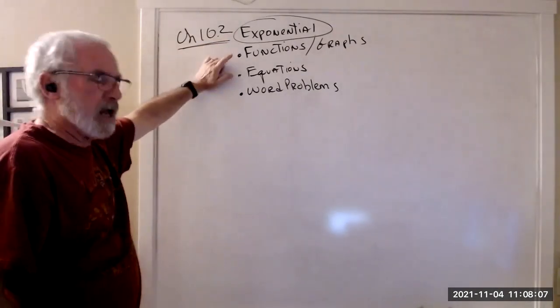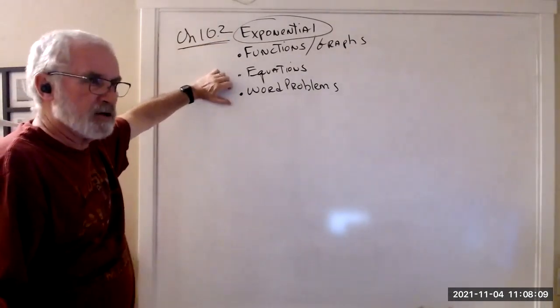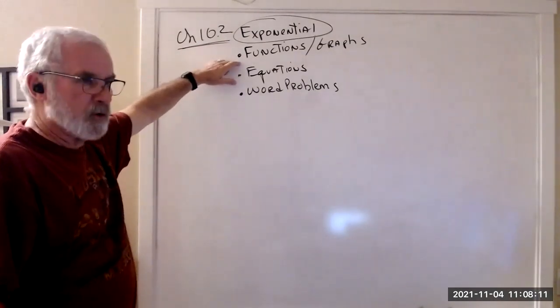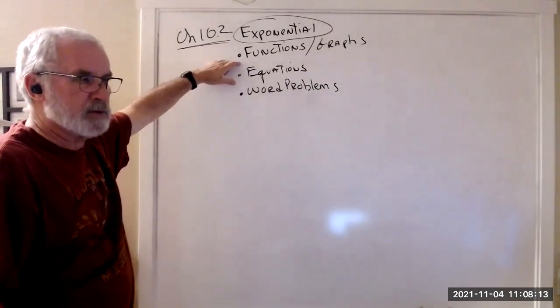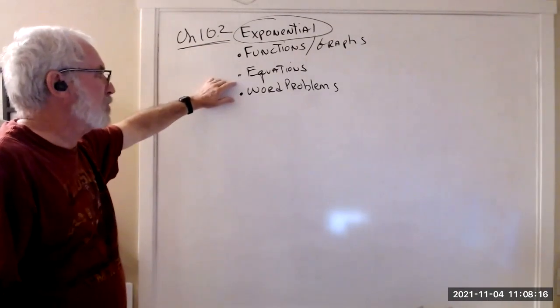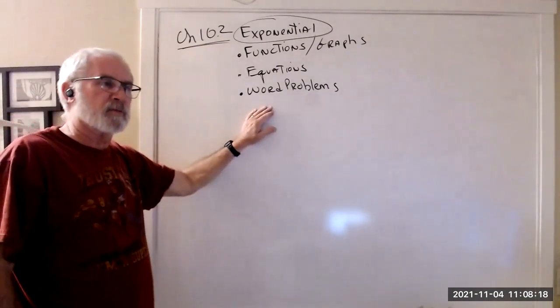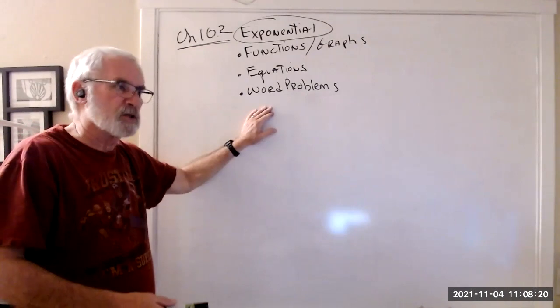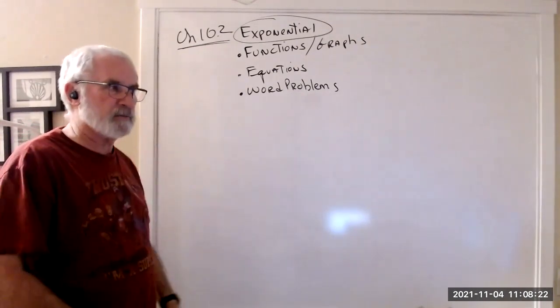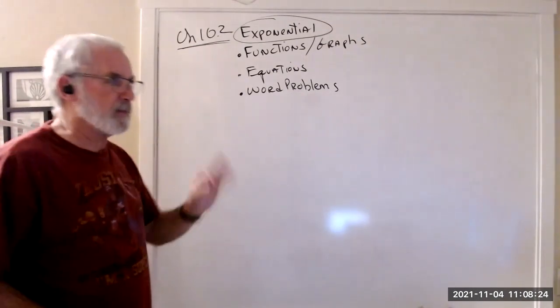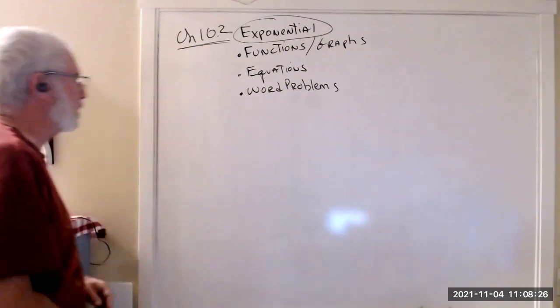We're going to have 3 topics tonight: exponential graphs, equations, and then word problems using formulas that have exponents in them. And if we have time, I've got something else I want to do.